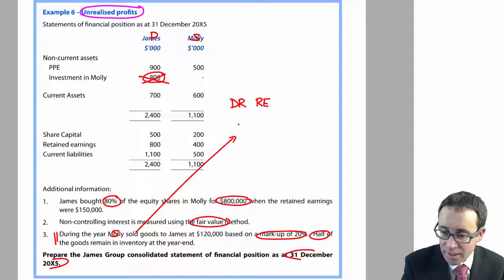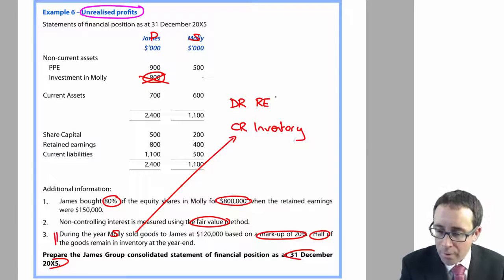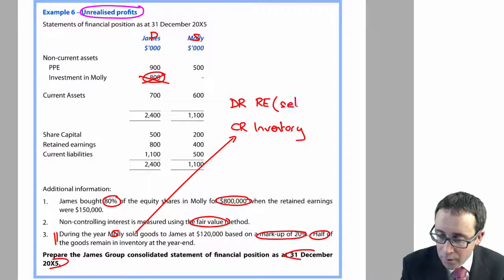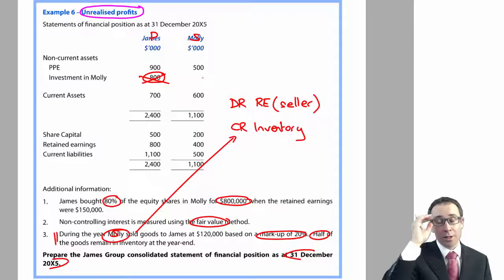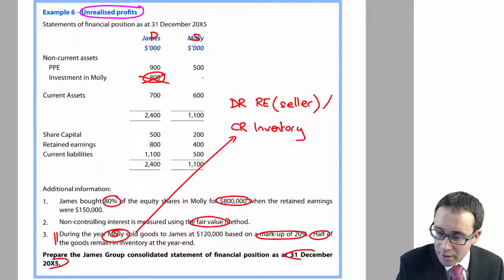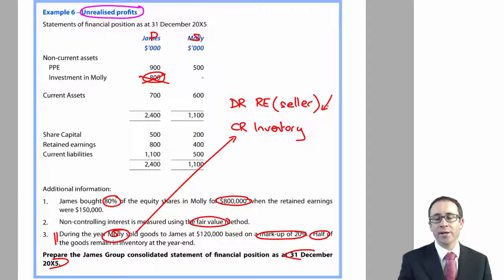So we need to debit the retained earnings and credit the inventory. Remember, we debit the retained earnings of the seller. And here, Molly is the seller, isn't she, the subsidiary. So we're going to have to debit the retained earnings, reduce the retained earnings of Molly.